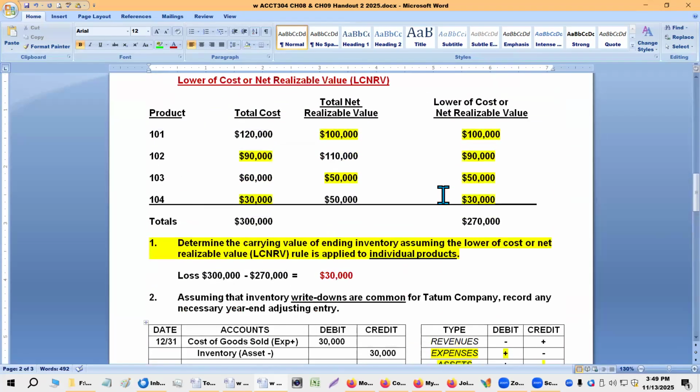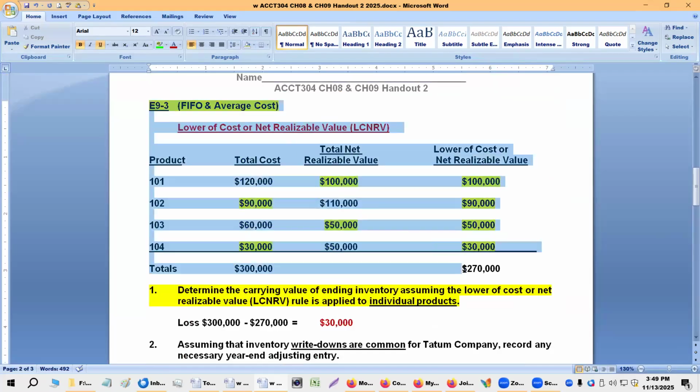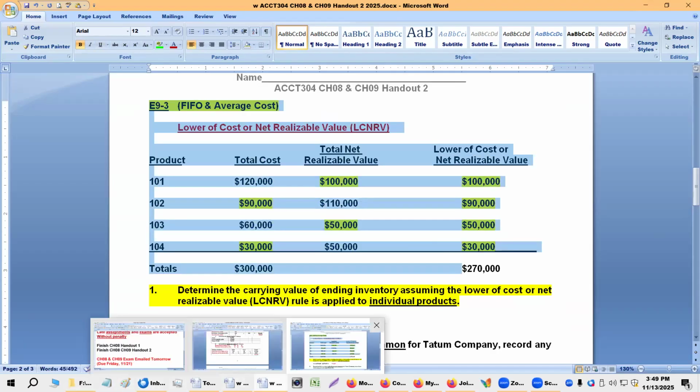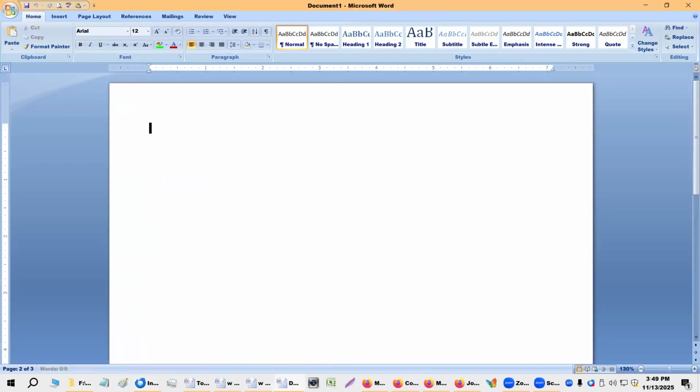Okay, so here, let's talk about what's going to be on the test. I'll make up a list. Here are the three that we're going to have, the three that are similar to the handout.